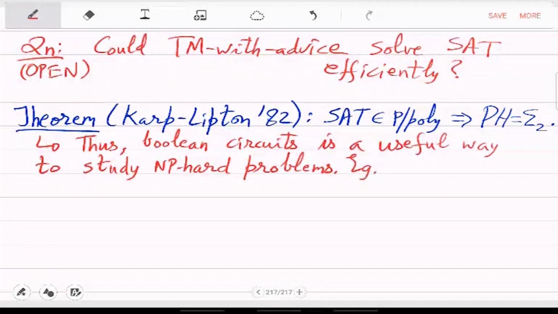Because suppose you show that NP is not in P/poly. This Karp-Lipton theorem is saying that most likely SAT is not in P/poly. So NP is not a subset of P/poly, and this in particular would mean that P is not equal to NP.